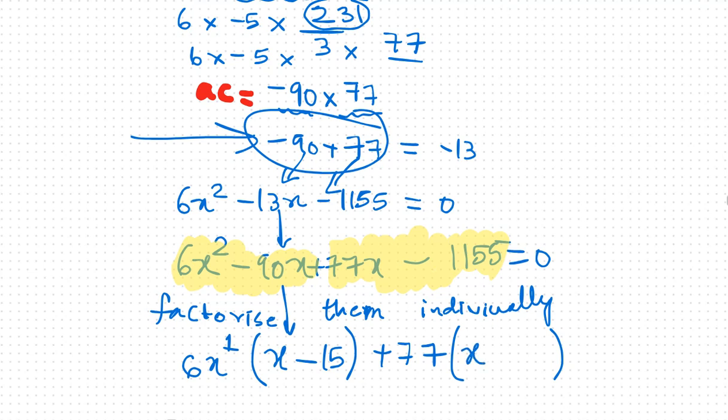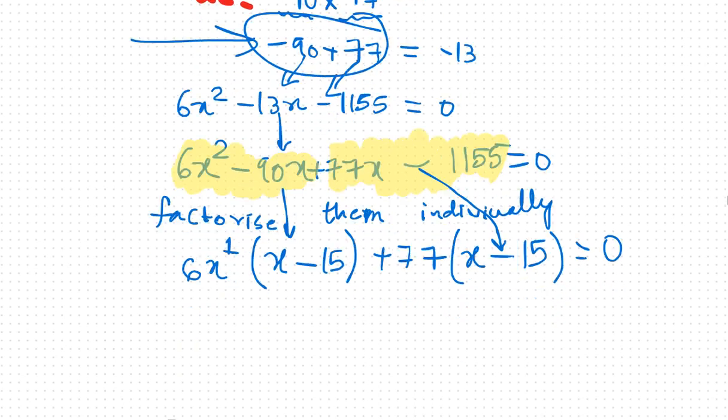If I do negative 1155 divided by 77, it's negative 15. So negative 15. Do I leave the negative or change it to the opposite sign? You have to leave it as it is, since you are taking positive 77. So no change in sign. So this is equal to 0. This is important to write.